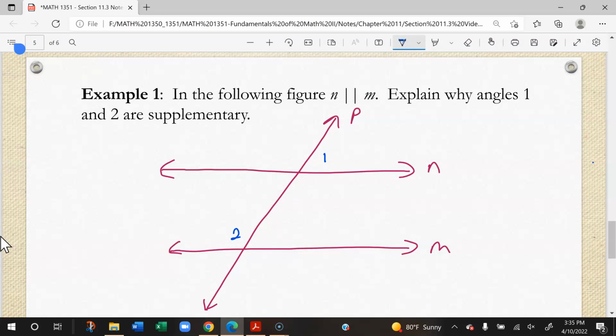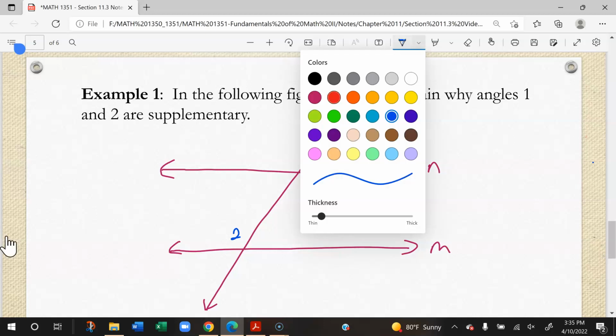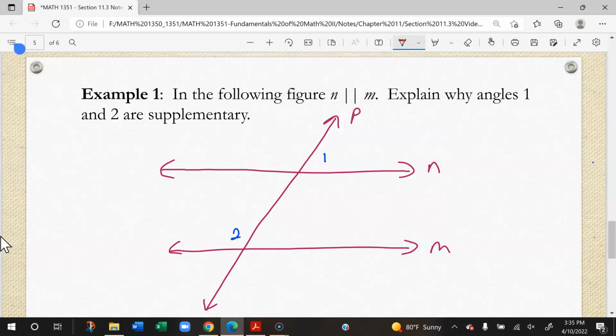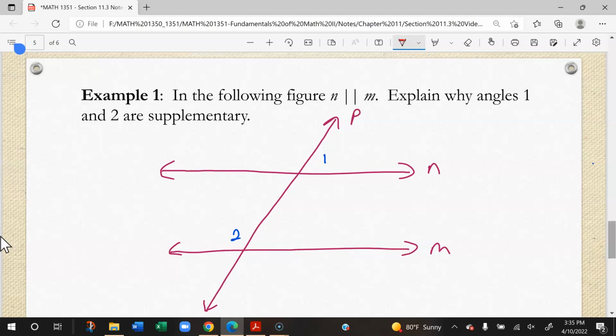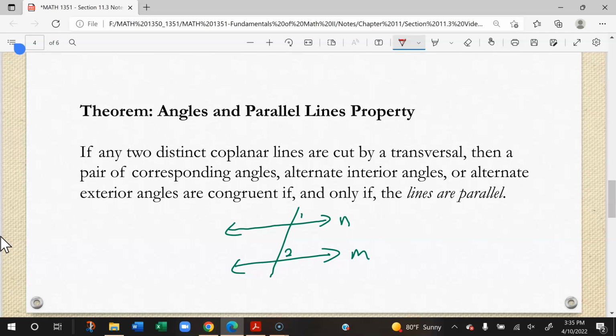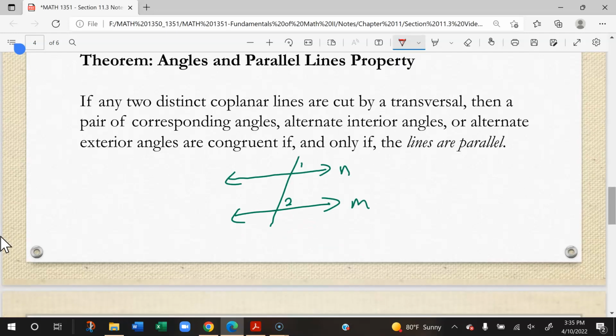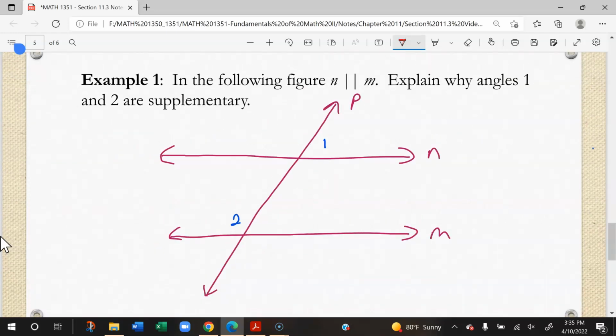So based on what I just said, there's a few things that we know. So let's think about this. Based on what the previous theorem just told us, corresponding angles, alternate interior angles, and alternate exterior angles, those are going to be congruent if these lines are parallel.